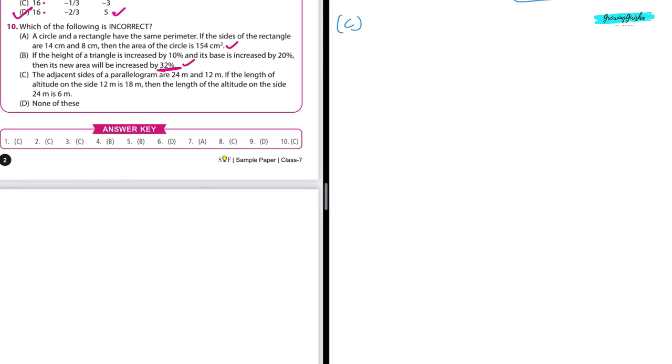In a parallelogram, opposite sides are equal. The adjacent sides of a parallelogram are 24 meter and 12 meter. If the length of the altitude on the side 12 meter is 18 meter, this is the altitude and this is given 18 meter, then the length of altitude on the other side will be 6 meter.